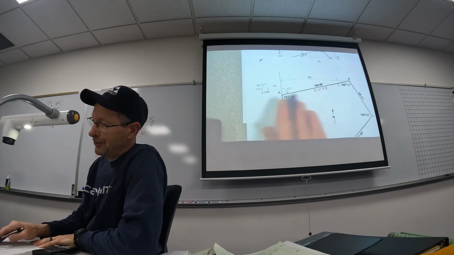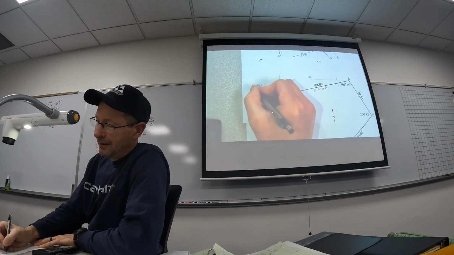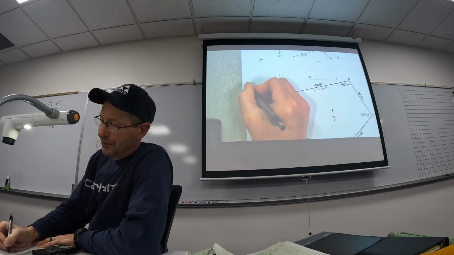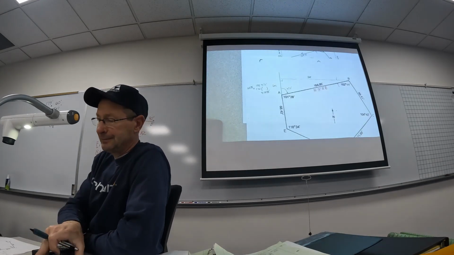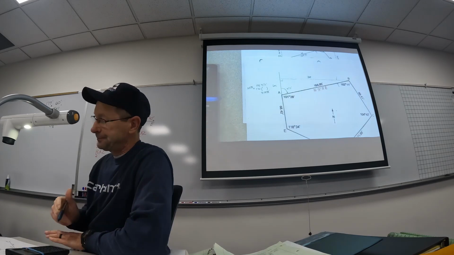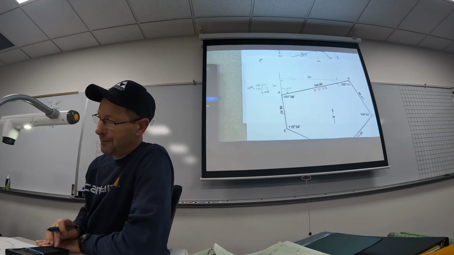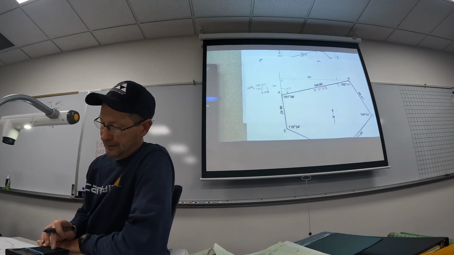So the cosine of this times the length, 164.95. Run that out, what do you get?